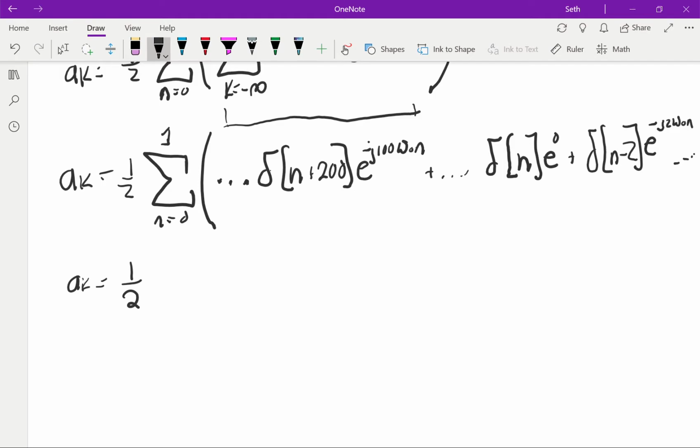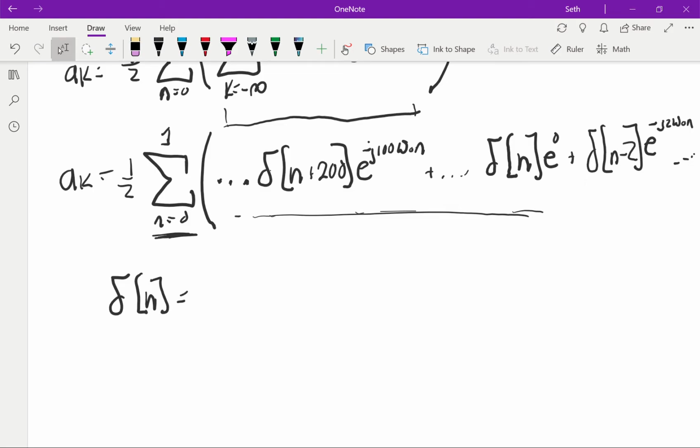Okay, so now we have this infinite summation of shifted deltas, and this summation right here is from n equals 0 to 1. So remember the definition of the delta function is equal to 1 for n equals 0 and 0 for all other values.